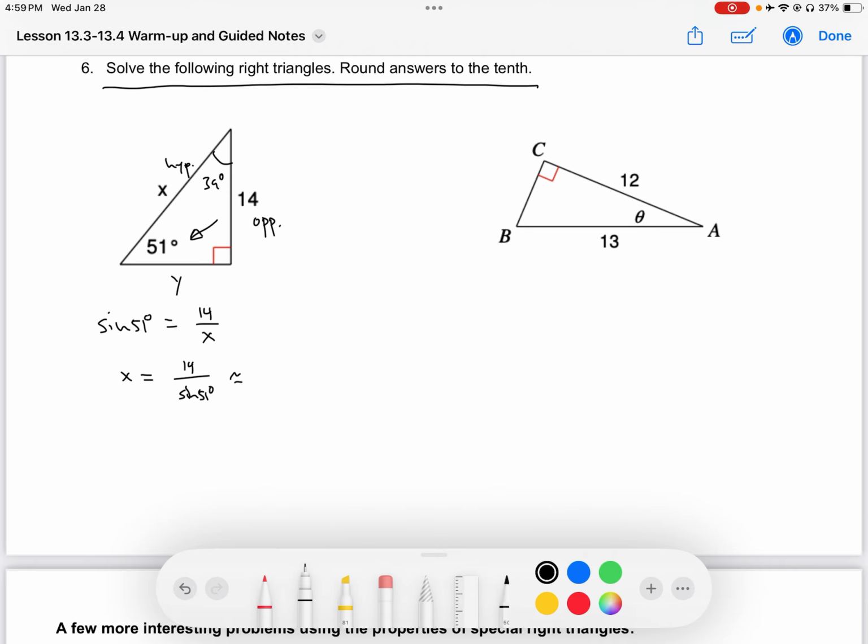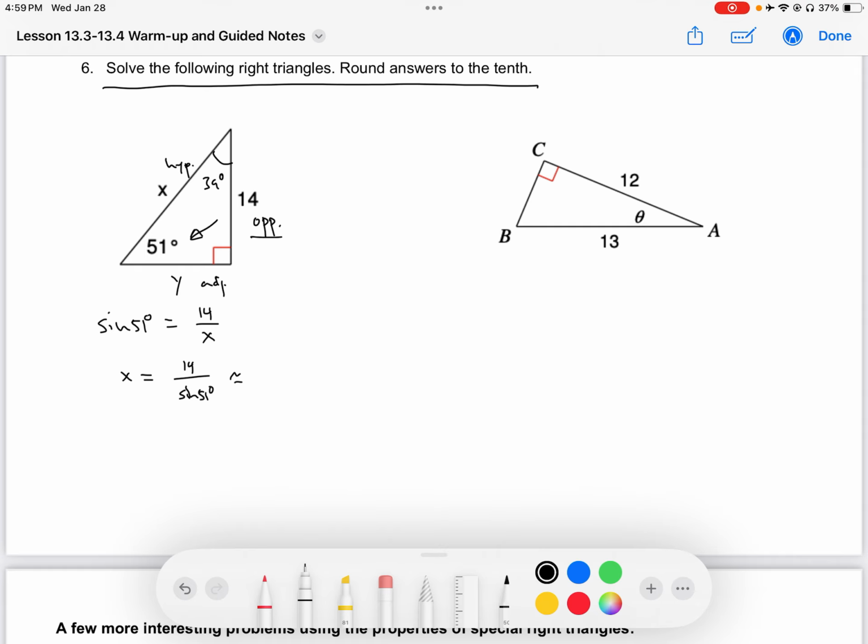To find y, I would be tempted to use 51 degrees again, but now we have the adjacent side. So I could do cosine of 51 degrees is equal to y. Well, I guess cosine maybe doesn't make the most sense because then I have to use x. Maybe instead of using cosine, I mean, I know I found x up above.